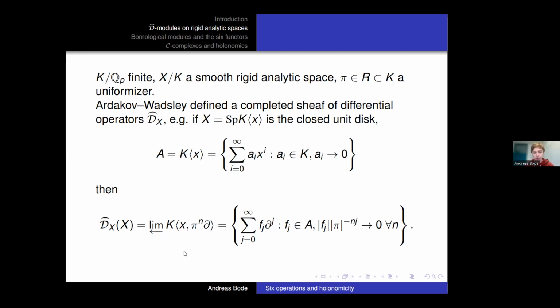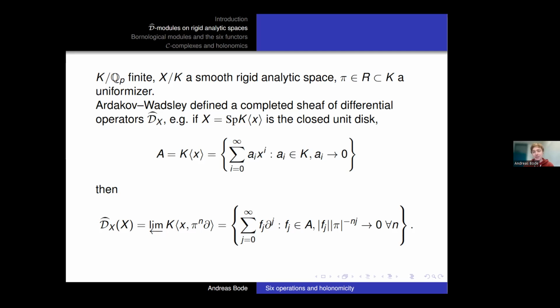I again choose power series expressions in two variables, x and partial. And the convergence condition that I impose is the one that's inspired by what things look like on the cotangent bundle. Okay. The issue here is that if I take the cotangent bundle of the closed unit disk, I don't get disk times disk, right?